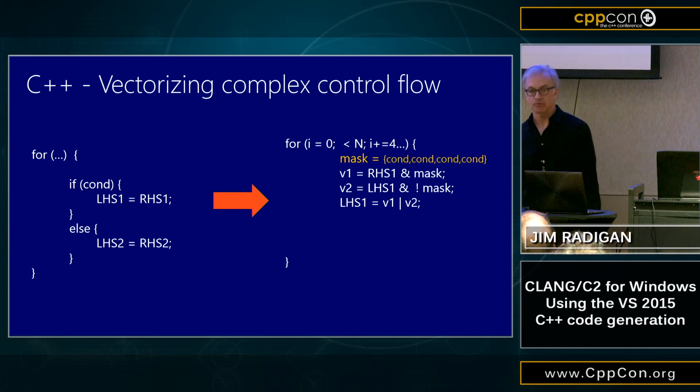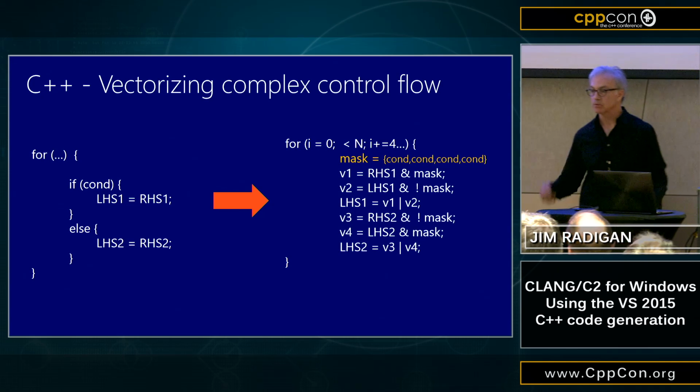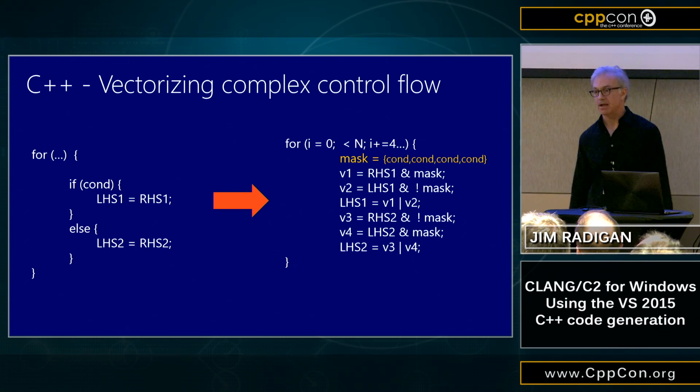And then what can happen is you'll OR things together with the mask. There's the other side, which is the else. So we execute both left-hand sides on each iteration of that loop. It's just that the results are masked to either use the original value or the new one that's computed based on what the condition in that if would have been for that particular iteration.